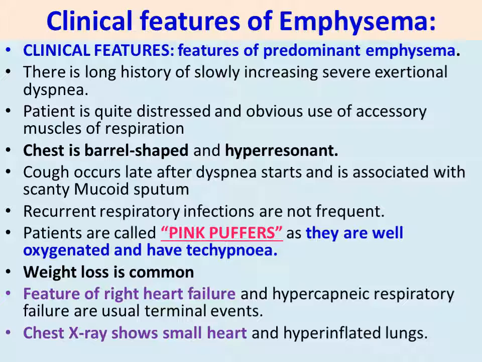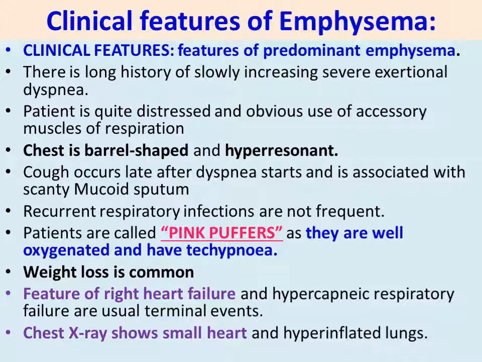The patient is quite distressed, with obvious use of accessory muscles of respiration. So the patient is using extra muscles of respiration other than the regularly used muscles. The chest is barrel shaped, that means enlarged, and hyperresonant. So he is taking more respiration, and inspiration will be more.